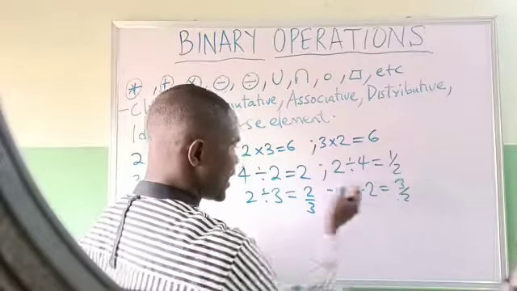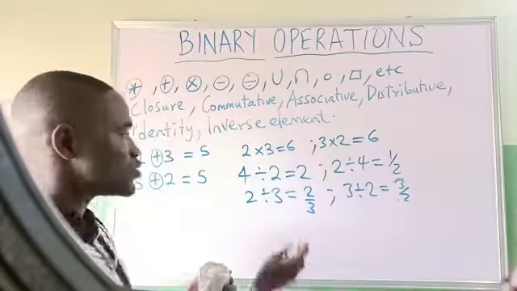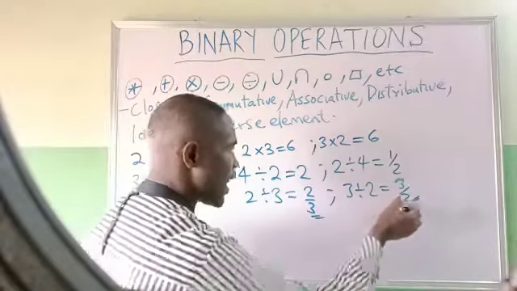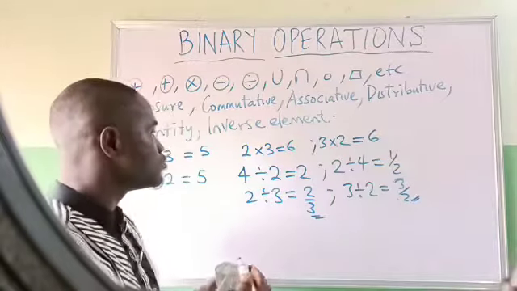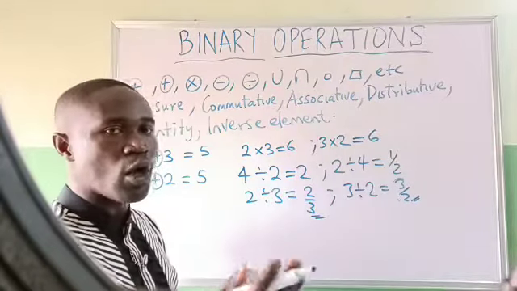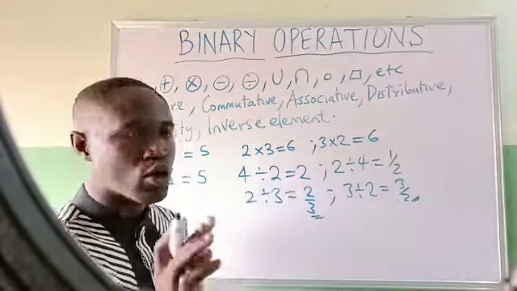This is 1.5 and this is 0.6 something. You now see that what this gave you and what this gave you are not the same. Then you say division of two numbers is not commutative.